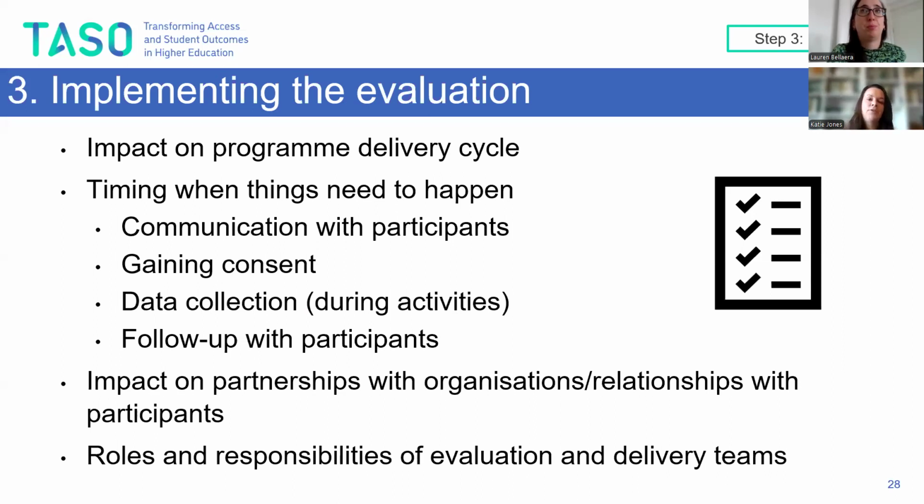So all the planning, all the recruitment, all the comms that need to be sent out to schools if you're working with schools. And then when you get the data, it's also going to take time to analyze it, create reports and share that. So you've got to be really upfront with the timeframes in which these things are going to happen.